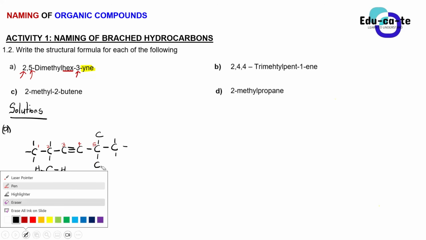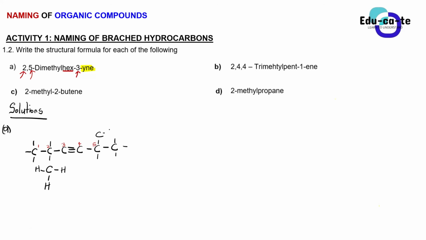You can place it anywhere as long as you have a methyl group, which is a carbon bonded to 3 hydrogens. And then the rest of the other bonds you must just fill with hydrogens, because each and every carbon must have 4 bonds around it. So the rest of the bonds must be hydrogen atoms only, to show that this is a hydrocarbon.